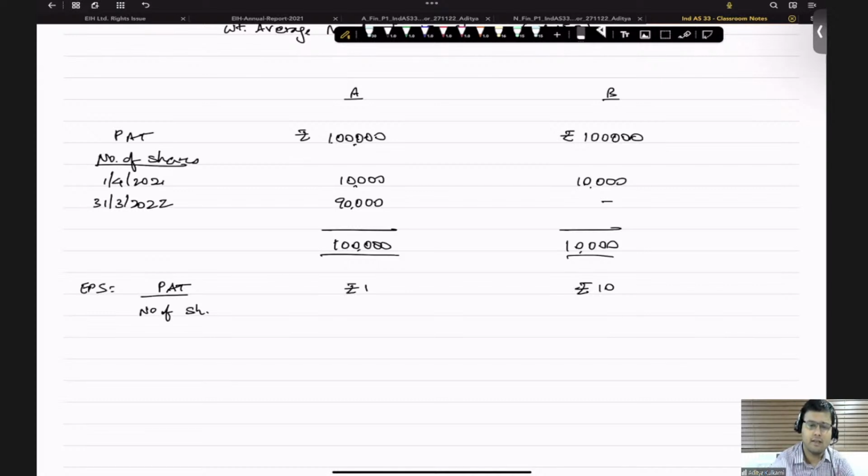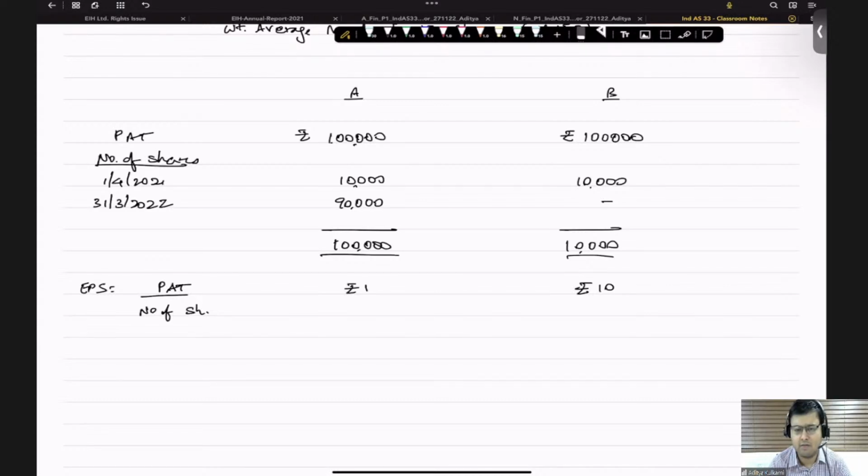What is wrong in this? Just a brief description. You don't have to calculate and tell me, or you can write whatever you feel the briefest. As dividend will be given to 10,000 only is what Kaushiki is telling, which is not the case.